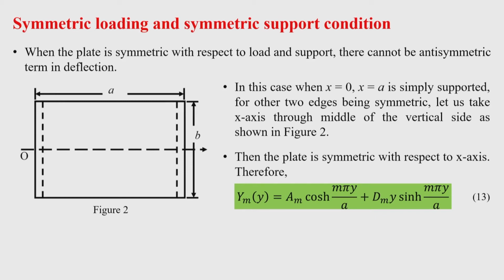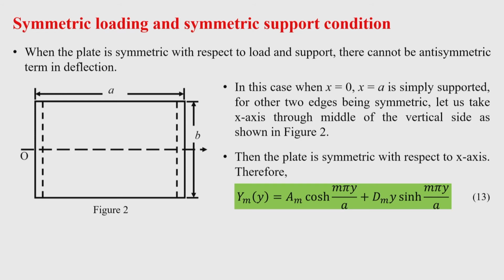Now, in many cases we adopt the symmetric type of construction, because a symmetric structure or symmetric element is easy to construct, and the load resistance is also easy to analyze, and the response to load is also favorable.